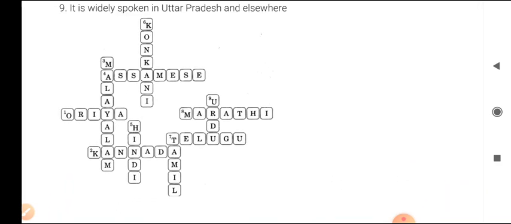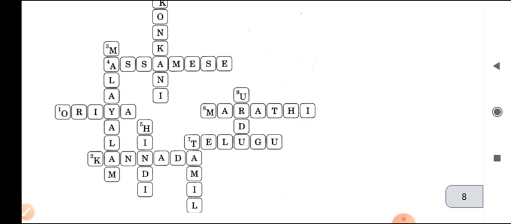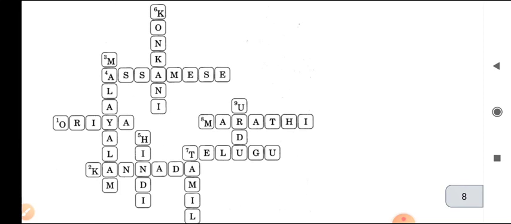Okay, let's see the answers. Number 1, Oriya. 2, Kannada. 3, Malayalam. 4, Assamese. 5, Hindi.